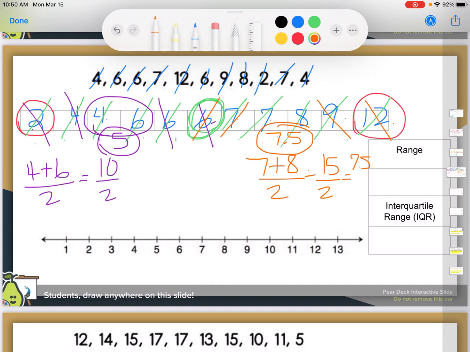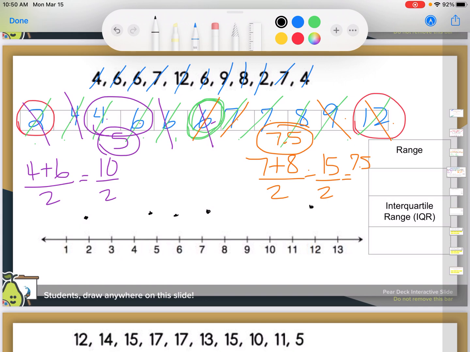Then I'm going to plot my data on my number line. So my minimum's at 2. Then I have 5, 6, 7.5, and 12.